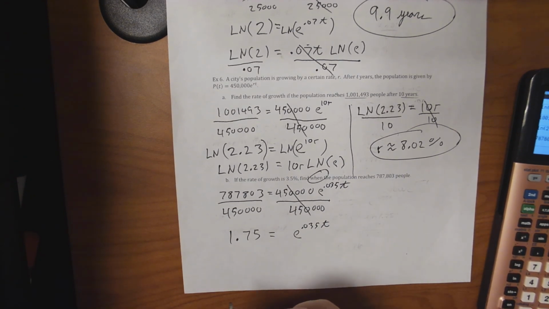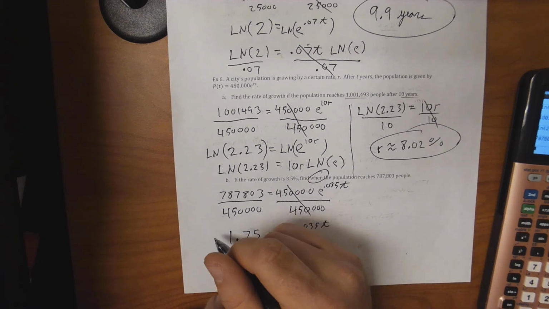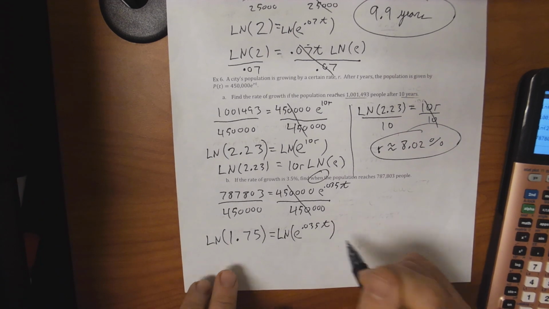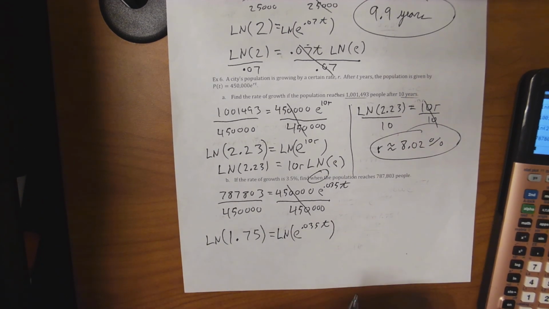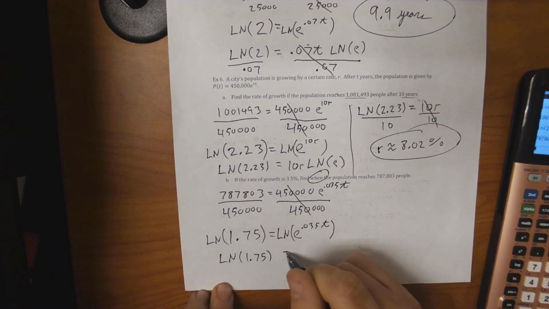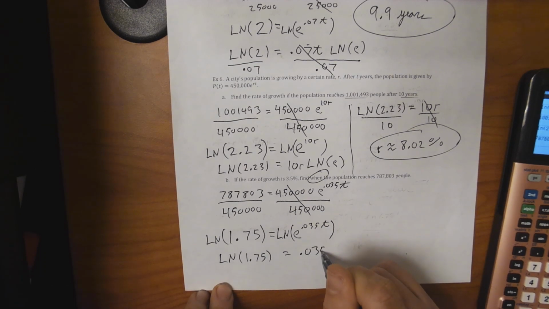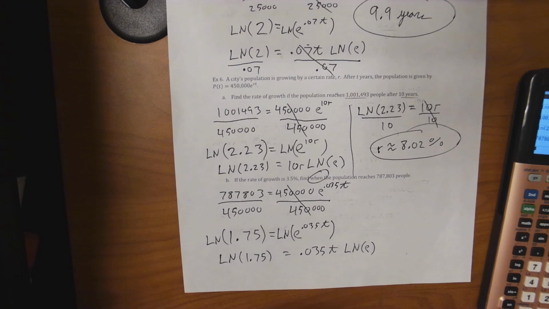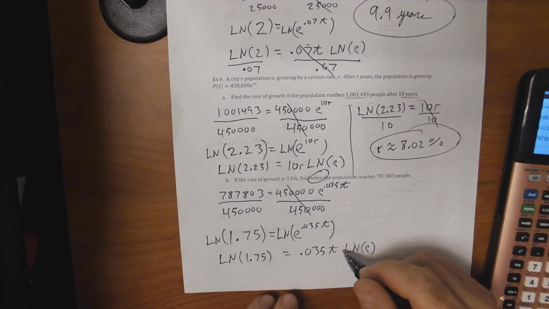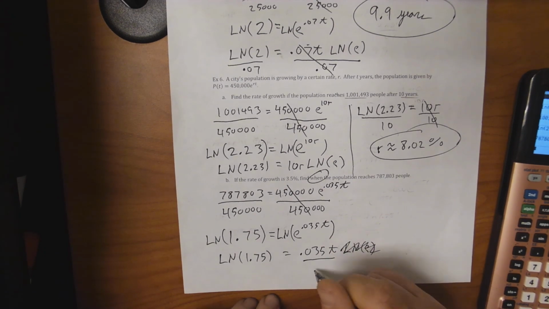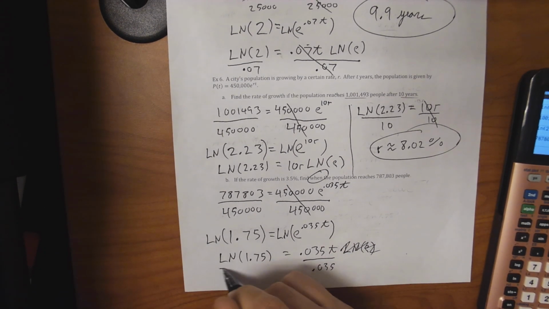And now time for the key step. We're going to go ahead and log both sides. And then that lets you pull the power out front. Remember, natural log of e just equals 1, so you can pretty much just ignore that and then just divide by 0.035.